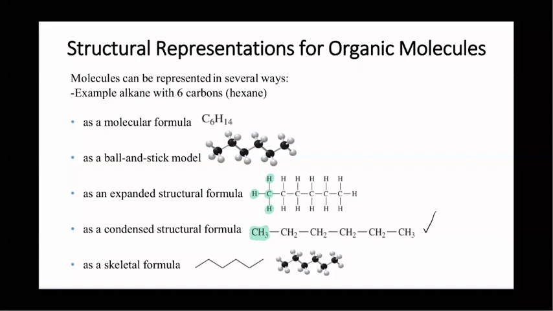Understand that if it's written as H3C, it is the same thing, because what it is illustrating is that this carbon atom is connected to 1, 2, 3 hydrogens. So in organic chemistry, CH3 or H3C is the same thing.